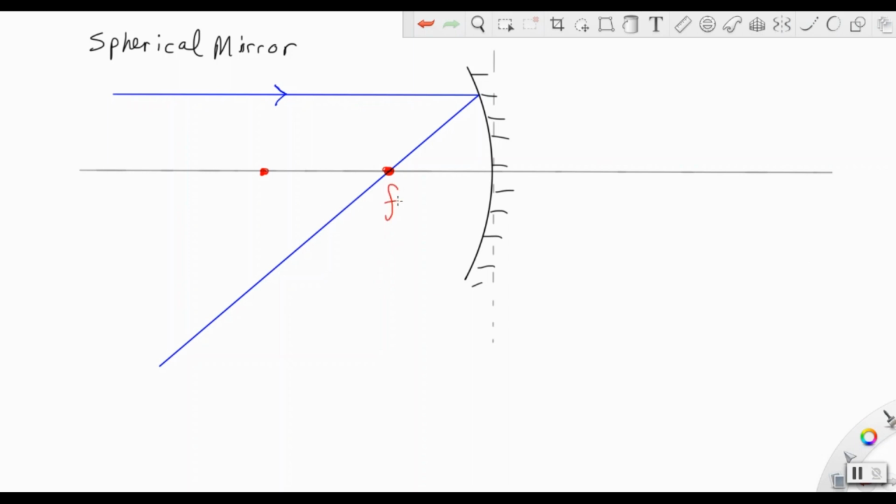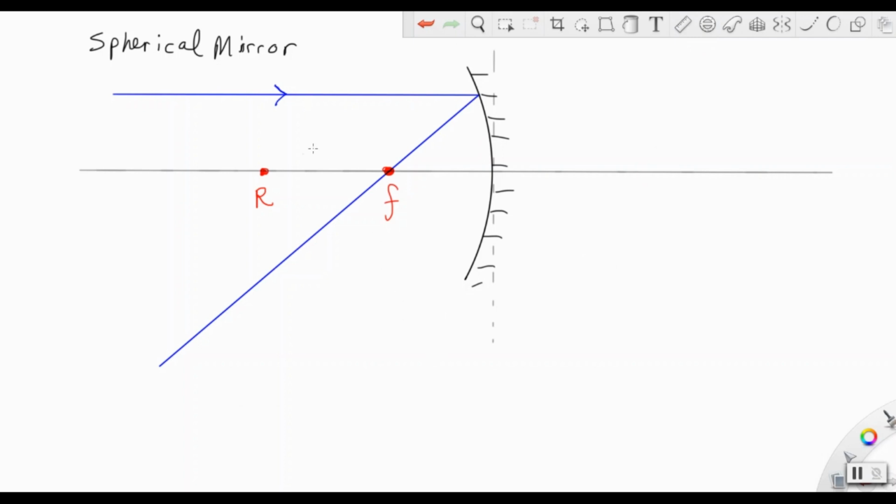One of them is the focal length of the mirror, which should make sense because it's doing the same thing that it did in the lens case, except this time it's bouncing rather than transmitting through the lens, right? And then this one we give as capital R, the radius of curvature for our sphere that we took our piece out of to make our mirror, right?